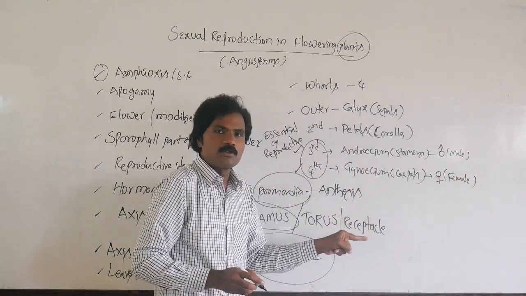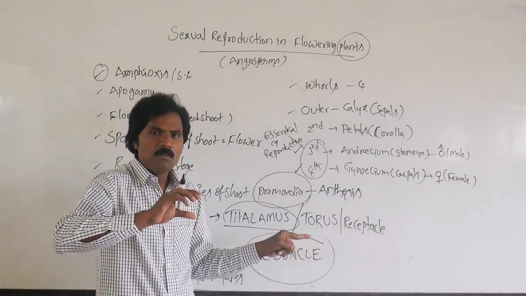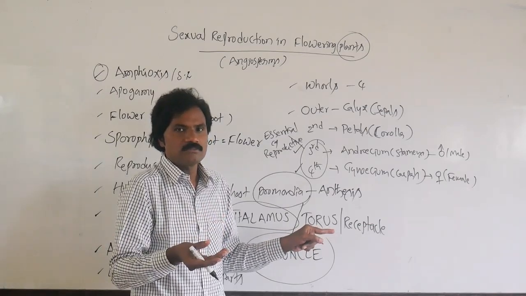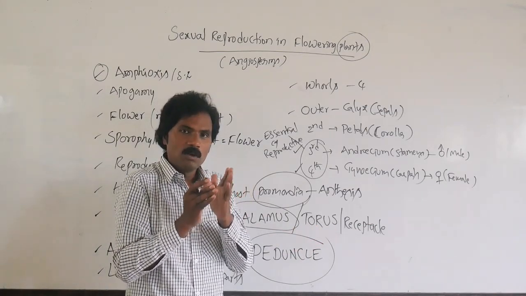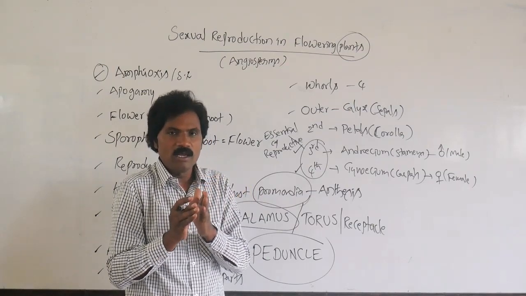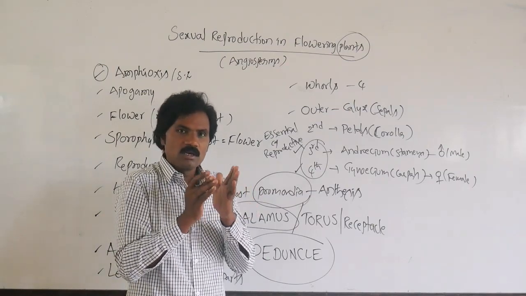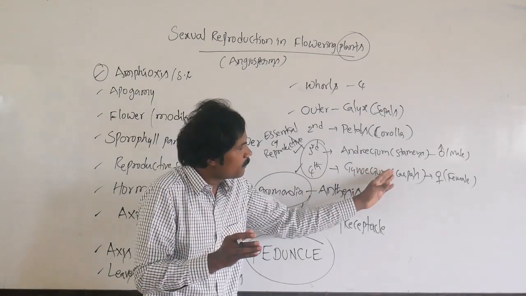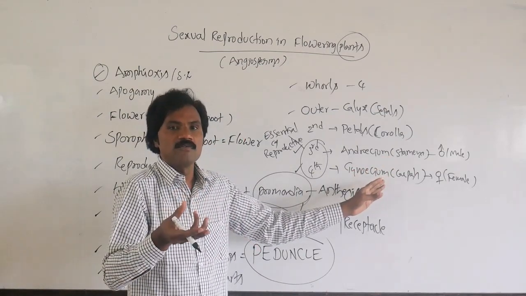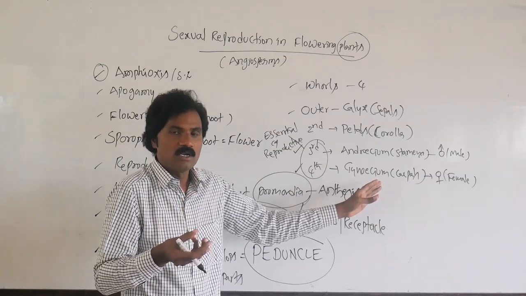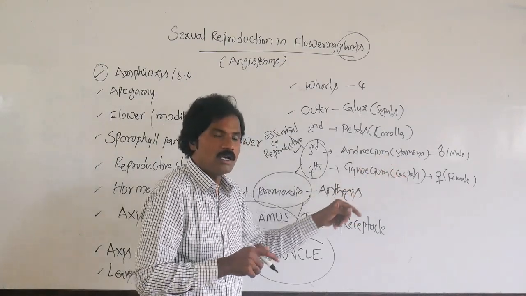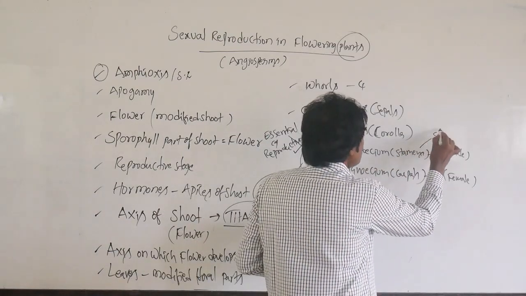If both are represented in one flower, we call it a bisexual, complete flower. A flower consists of both male as well as female reproductive parts. If only male is present, we call it a staminate flower.